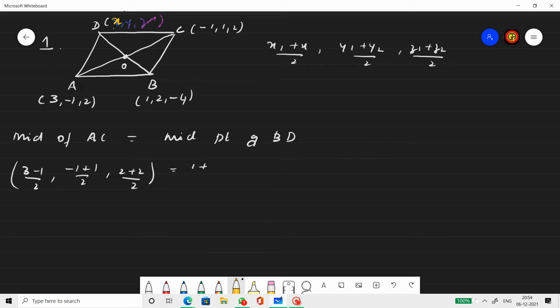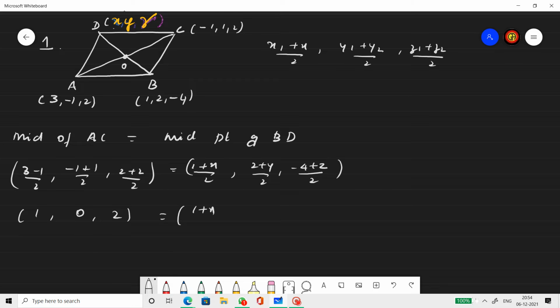Now I get 1 plus x by 2, comma, 2 plus y by 2, comma, minus 4 plus z by 2. Now equate it after you simplify: 1, 0 and 2 equal 1 plus x by 2, comma, 2 plus y by 2, comma, minus 4 plus z by 2.